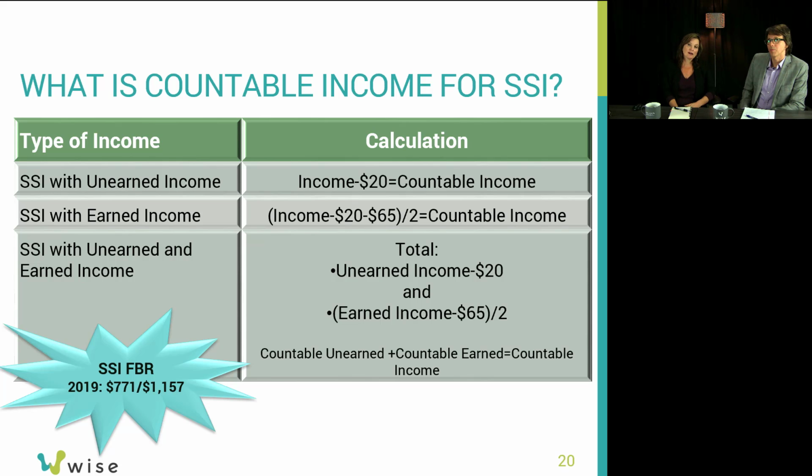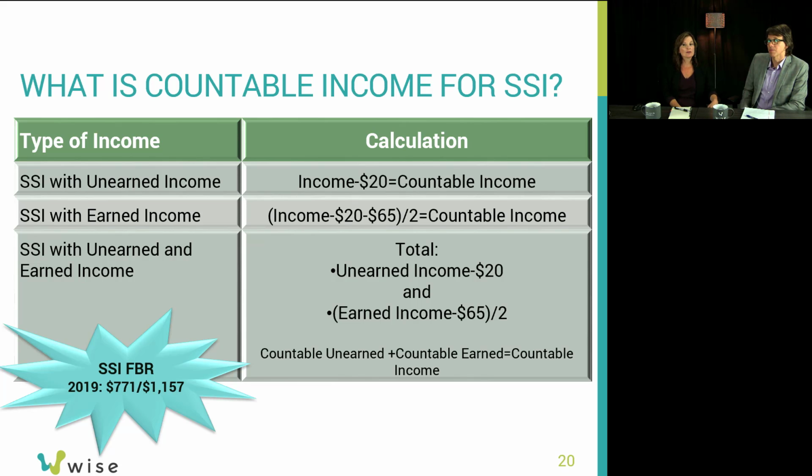And with earned income, you are allowed additional work incentives like a $65 earned income exclusion and an additional one-half earned income exclusion, in addition to that $20 general exclusion that we were able to apply with unearned income only.